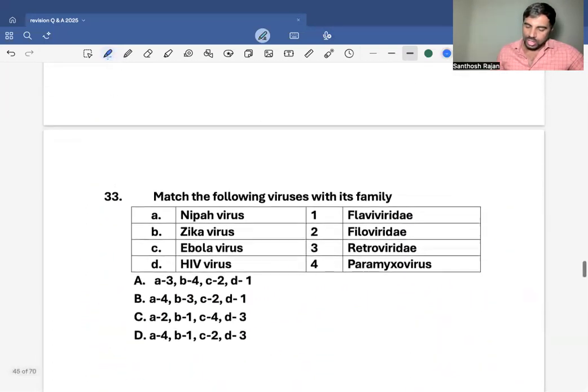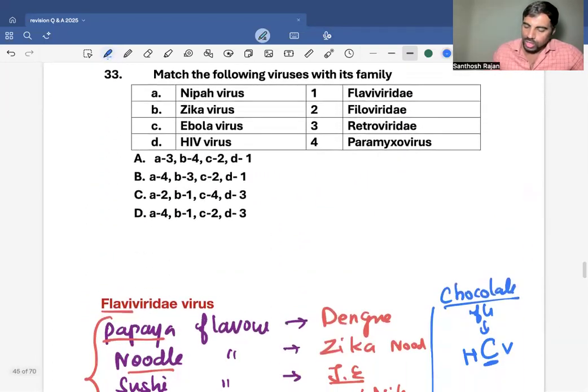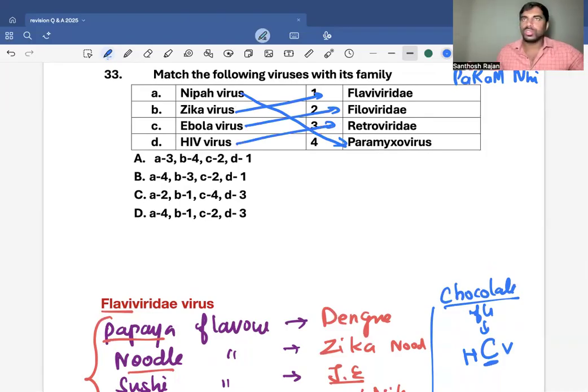Nipah, as already told, comes under paramyxovirus. Zika noodle flavor, flavivirus. Ebola, Bola ko mara hai, Filoviridae. HIV is a retrovirus, we know that. So see, I became very easy, I don't confuse at all. I remember the flavors and I remember the Phil Bolo ka mara hai. My topic is over.